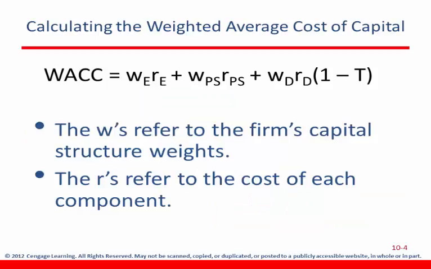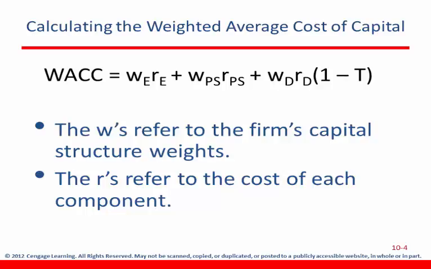Now let's talk about the major equation here. So the weighted average cost of capital is going to be 3 different weights here, and I like to use E for equity, but the book uses C for common stock. And so you're going to see 3 different W's. There's the weight for common stock or equity, the weight for preferred stock, and the book may use actually just a P for preferred stock, times the weight of debt.